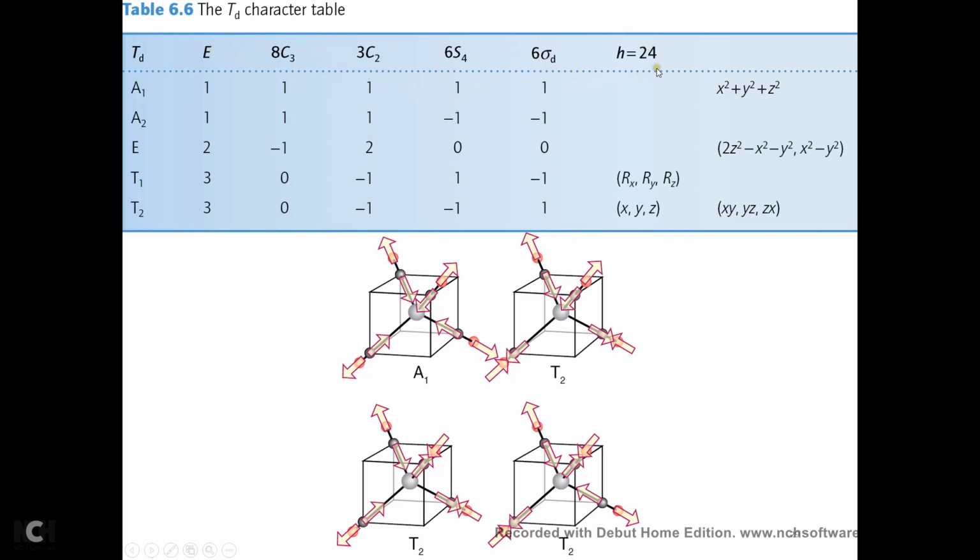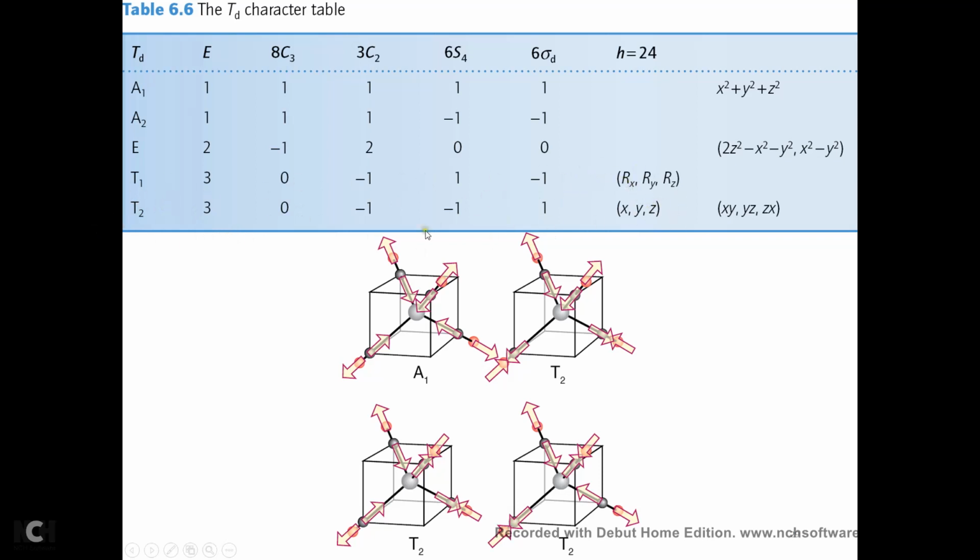Now, we have 24 symmetry operations, therefore an order of 24. But we have only 5 classes. When you have 5 classes, you will have 5 symmetry species. And if you can determine the vibrational modes of a molecule with a Td point group, you can immediately see that only T2 vibrations are infrared active.